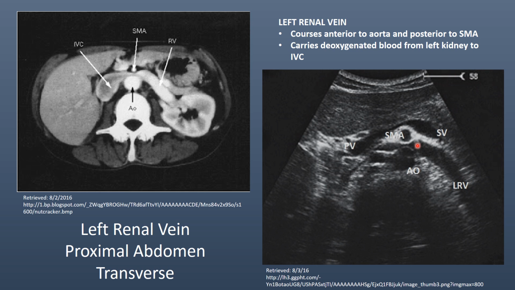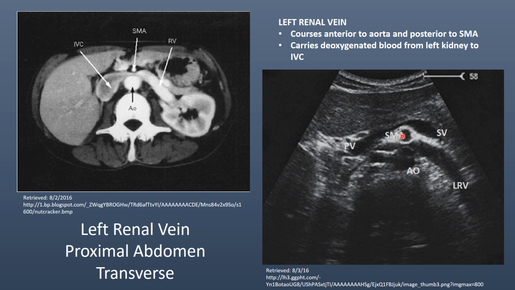It's moving posterior to the SMA, and it's anterior to the aorta. It goes between those two blood vessels, and then it's going to move over here and it's going to drain into the inferior vena cava, which is somewhat compressed. It's this little black line. It's somewhat compressed in this particular image, but that's what's happening. This is draining flow back to this vessel.